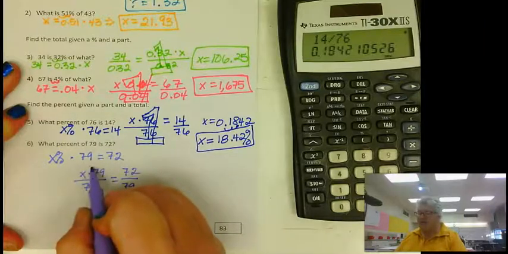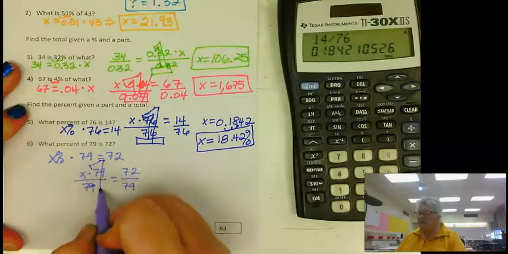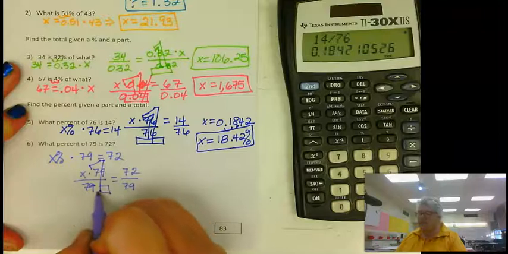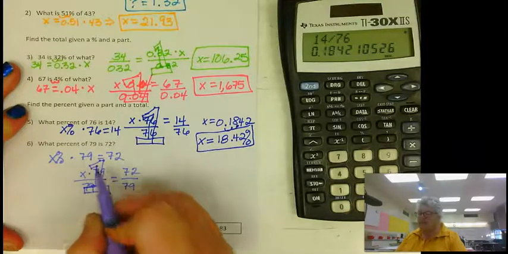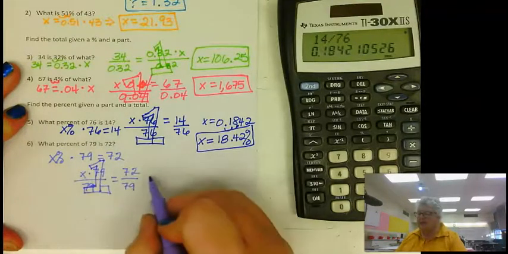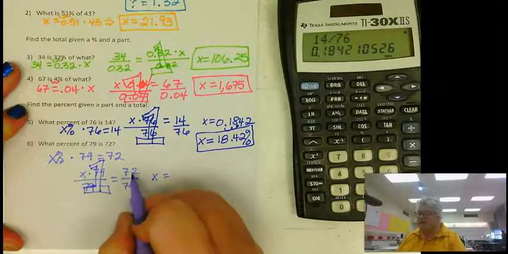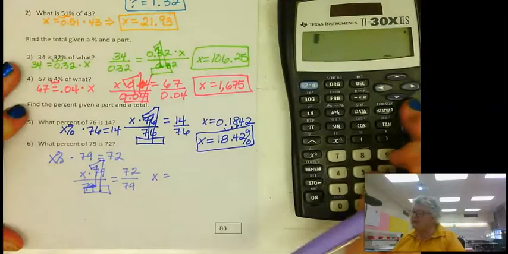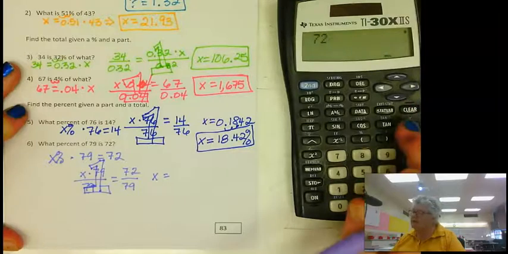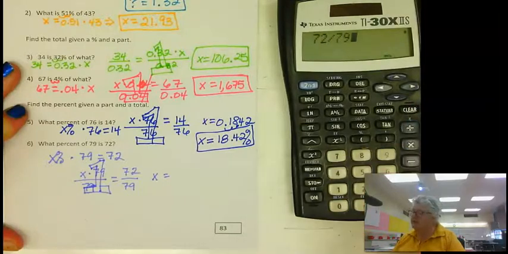These two give you a big giant 1. So X times 1 is X. 72 divided by 79.